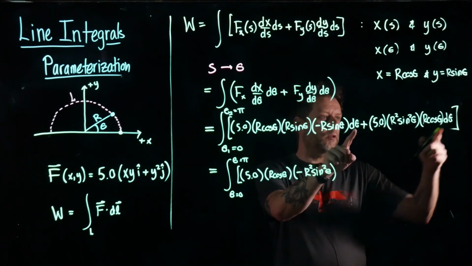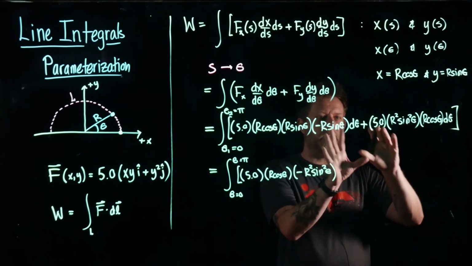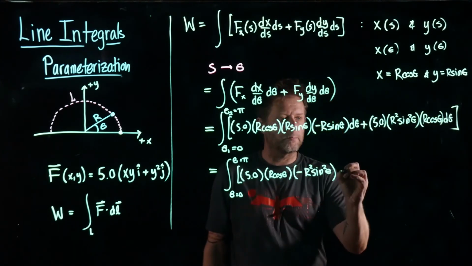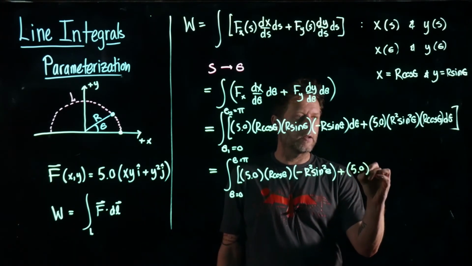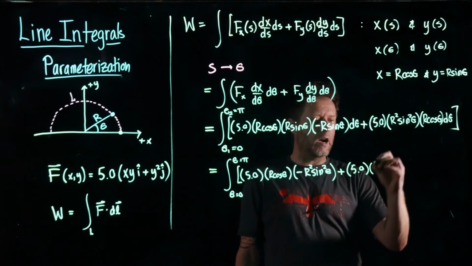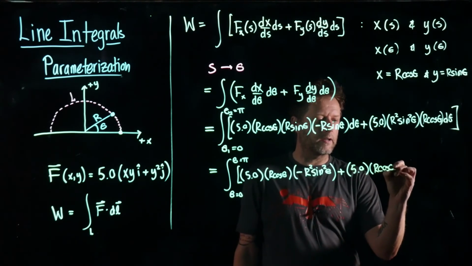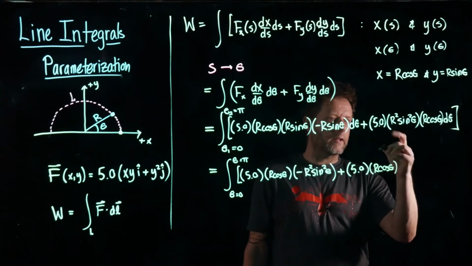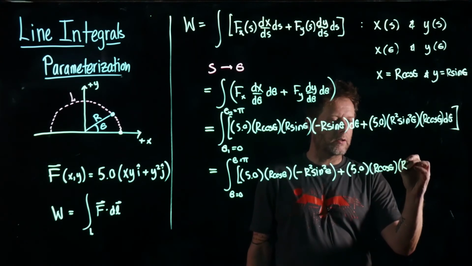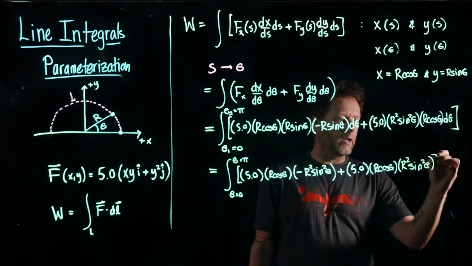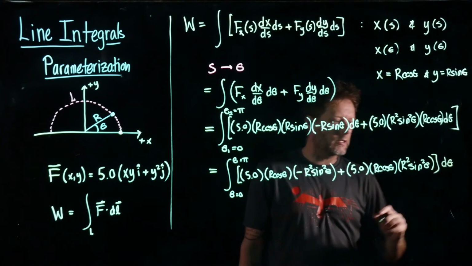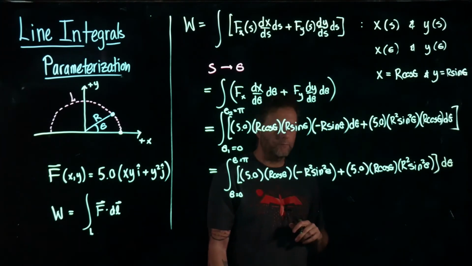We have d theta, but we also have d theta here, so we can pull this d theta outside this bracket. So plus, second term here, we have 5. Then I'm going to move this r cosine theta in here. The third factor is r squared sine squared theta in the bracket, and then we have d theta. We integrate with respect to theta.